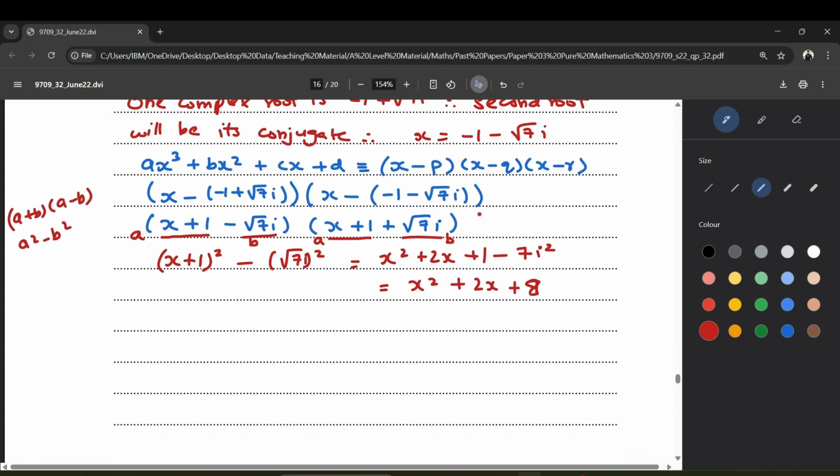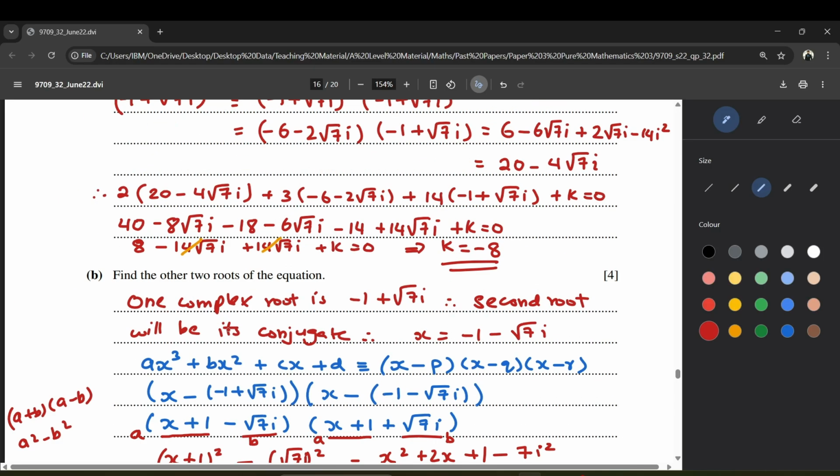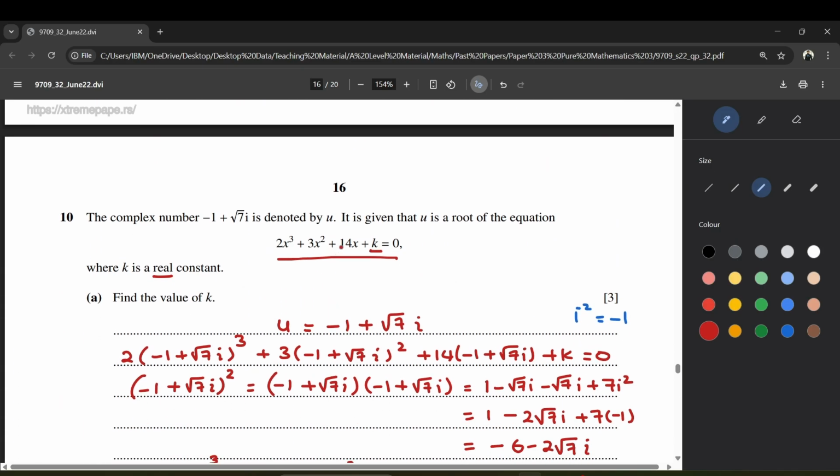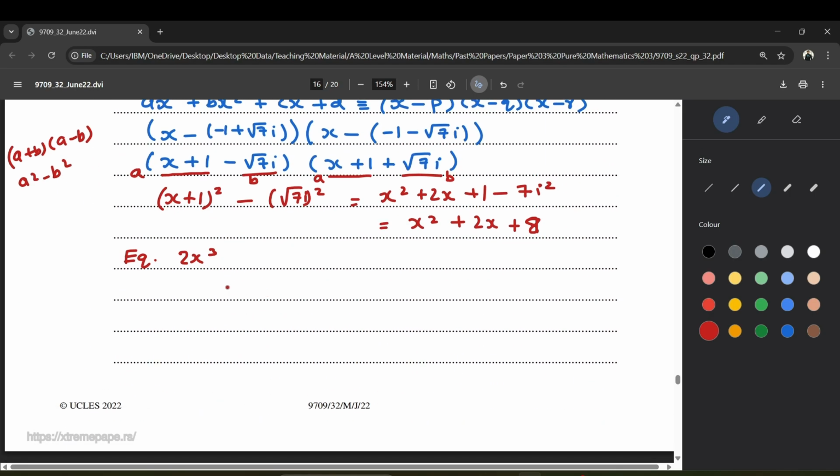Okay, so that's exactly what we're going to do now. So our equation is 2x cubed plus 3x squared plus 14x minus 8, right?